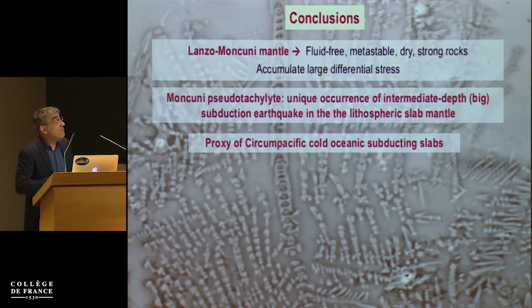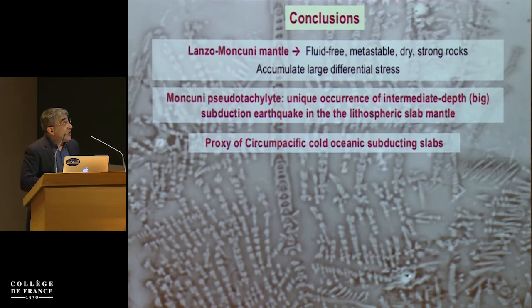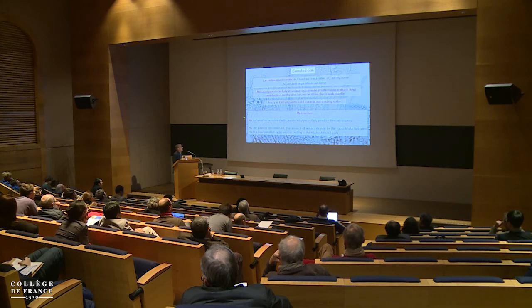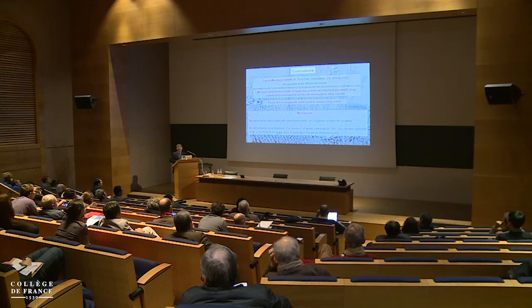So they could be a kind of proxy of what happens today in the dry mantle of the presently subducting Pacific oceanic plates. Going back to this example, we can rule out or doubt that dehydration embrittlement or thermal runaway were the mechanism to unchain this earthquake activity.